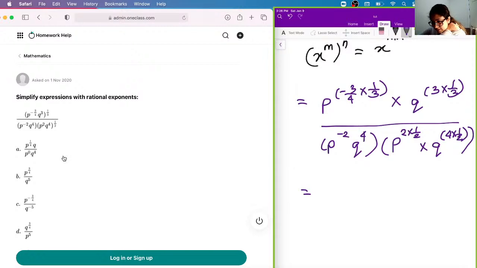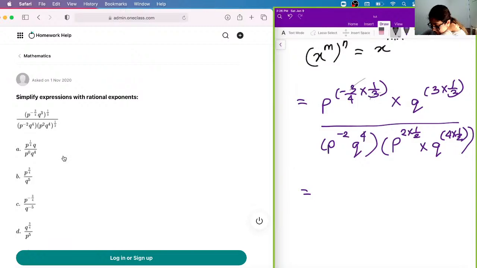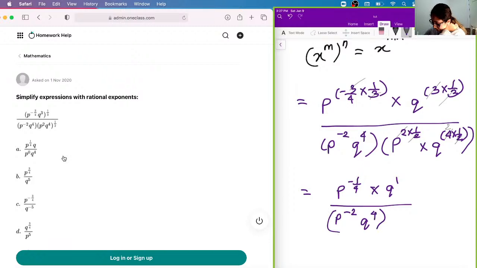We can see that our 3's get cancelled, and 4 times a half is 2. Further simplifying, we get p to the power of negative 1 over 4 times q to the power of 1, all over p to the power of negative 2 to the power of 4, times p to the power of 1 times q to the power of 2.